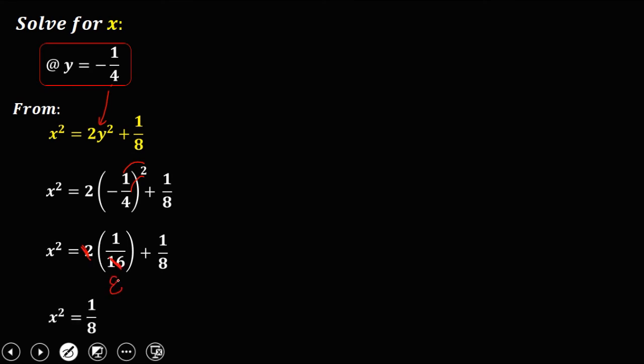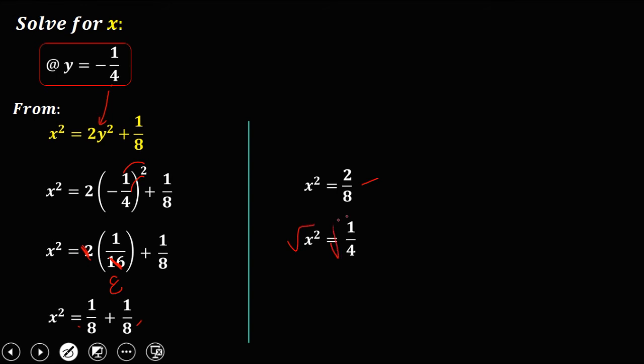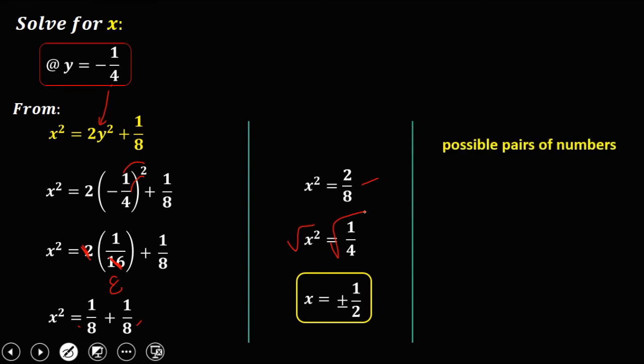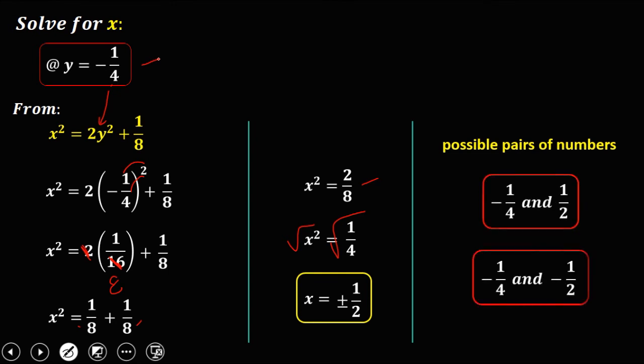So x squared is 1 over 8 plus 1 over 8, then the same denominator, so just copy. And 1 plus 1, that's 2, then reduce. So that's 1 over 4, then take the square root. So x now is positive and negative 1/2. So possible pairs of numbers, if y equals negative 1 over 4, are negative 1/4 and positive 1/2, and the other one, negative 1/4 and negative 1/2.